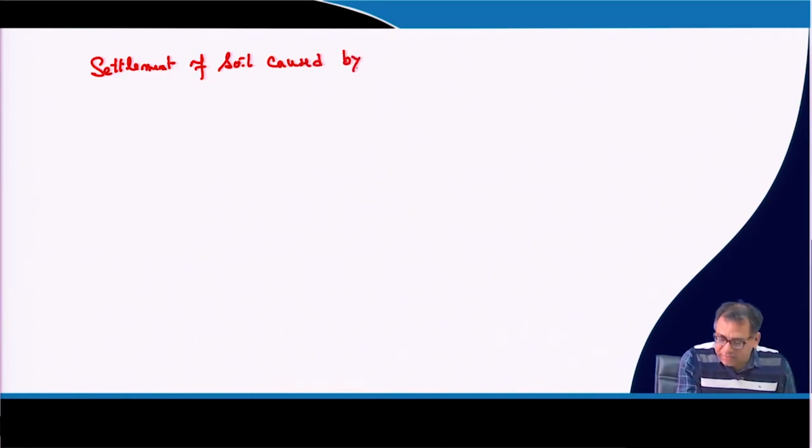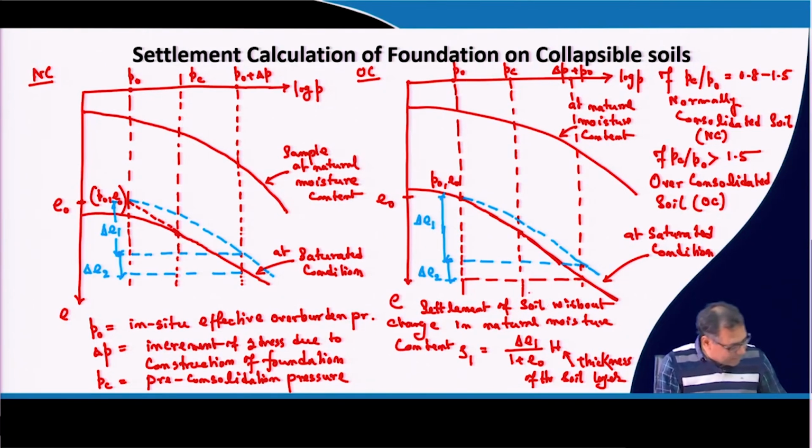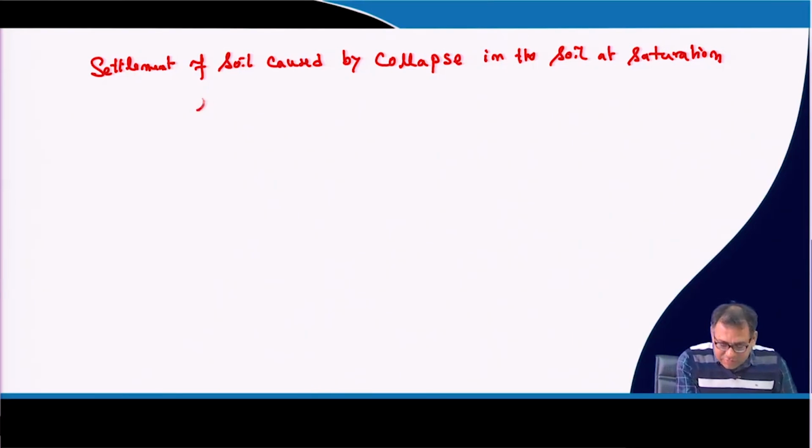Now, the settlement of soil caused by collapse in the soil at saturation, because of this saturation there will be a collapse, and that settlement is S2.